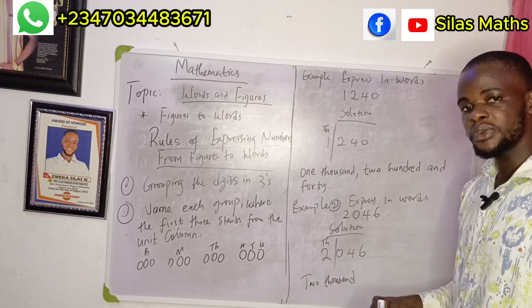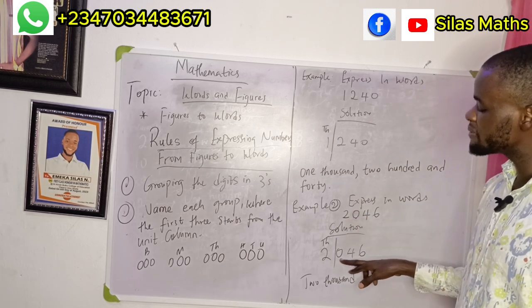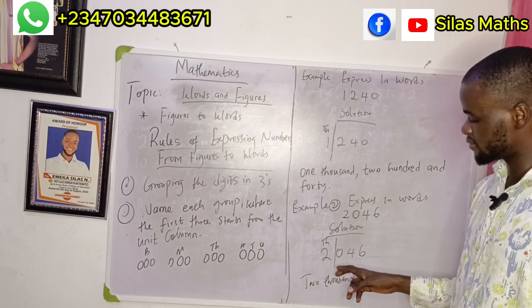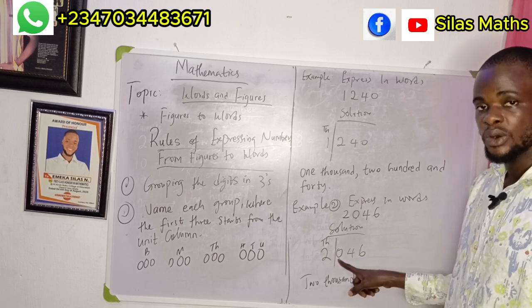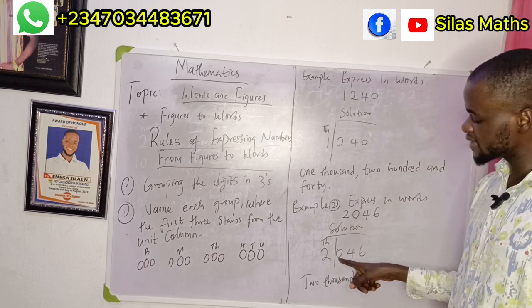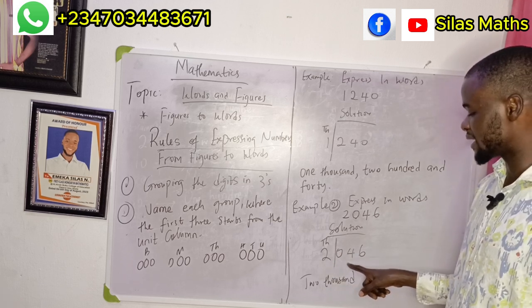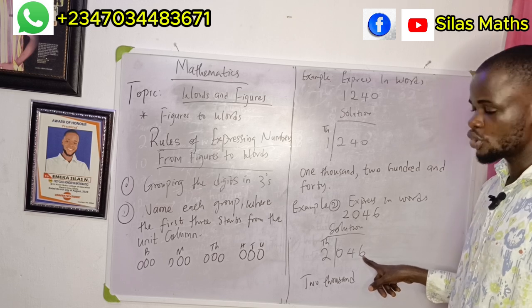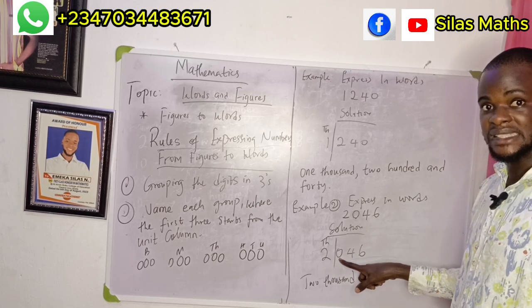Then what happened in our basic group? Now there's something I want you to take note of. Whenever the basic group starts with 0, we are going to start naming the basic group with "and". The first 0 represents "and". So we are not going to say 2000, then 45, 46. No, we're going to say 2000 and, because of this 0 that is starting this basic group.